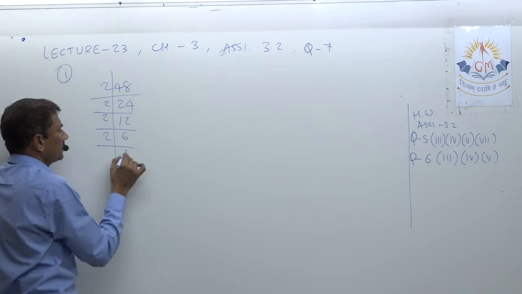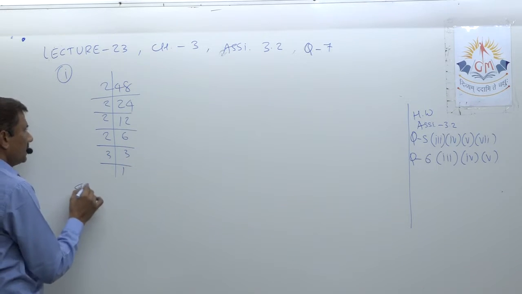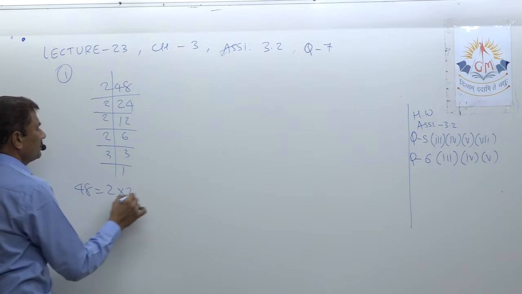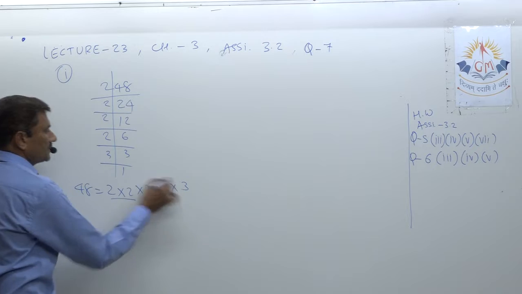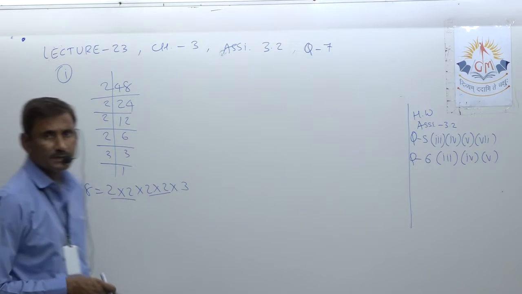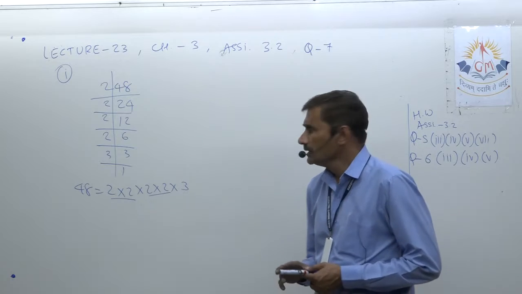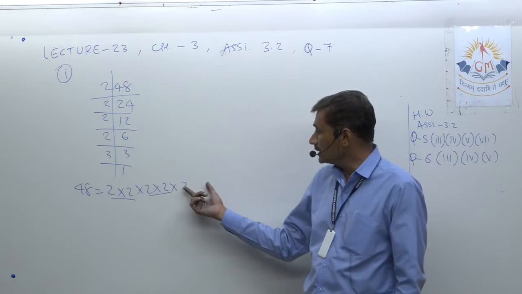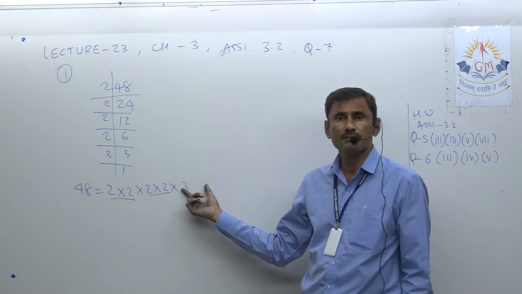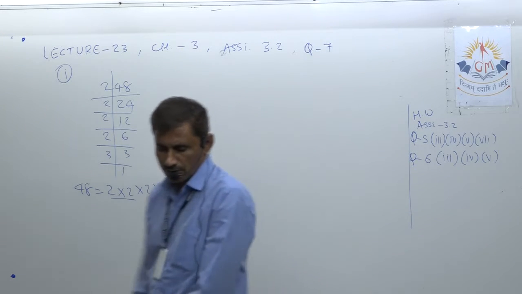Again by 2, 3. Then 1, 3. So we got 48 equals 2 into 2 into 2 into 2 into 3. Make pairs. 3 is unpaired. So you should multiply the given number by 3 so that 3 also becomes a pair, so that we can find the square root. Now you should give the answer.